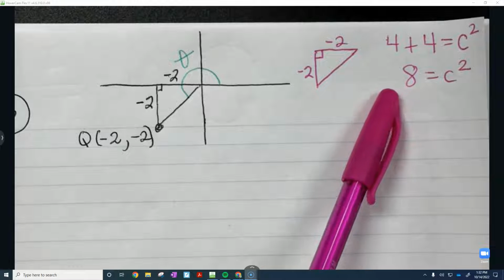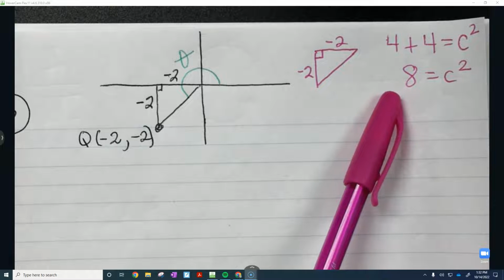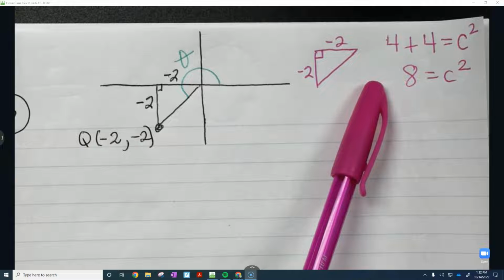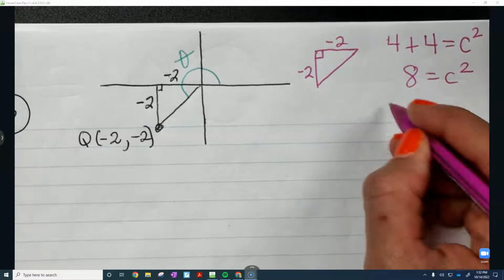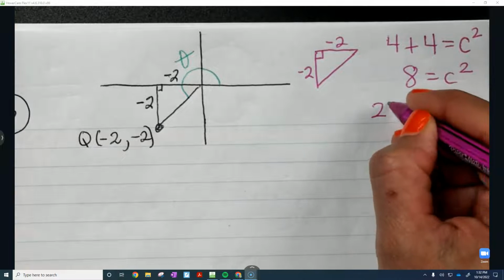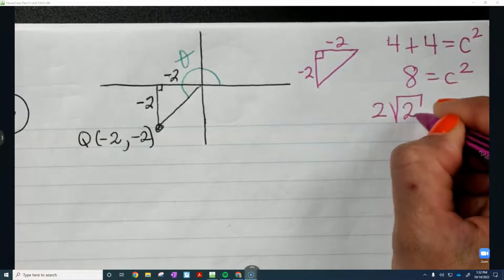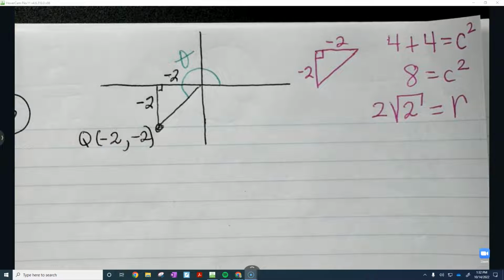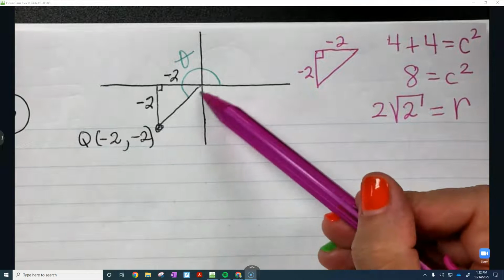So remember, what 2 numbers multiply to make 8? 2 and what? 4. 4 is perfect. You got to take it out of that root. So 2 square root 2 equals r. Go copy that right here. Go write that down.